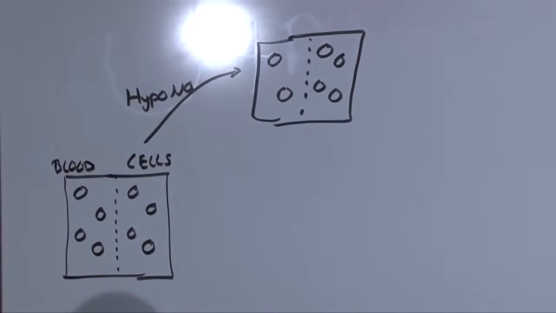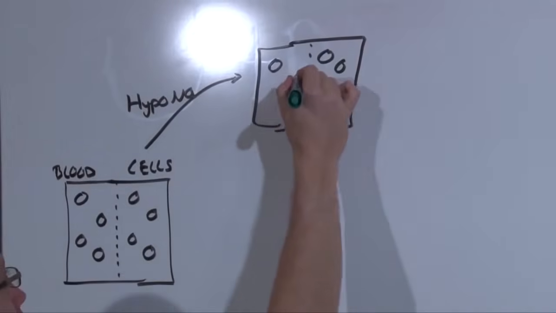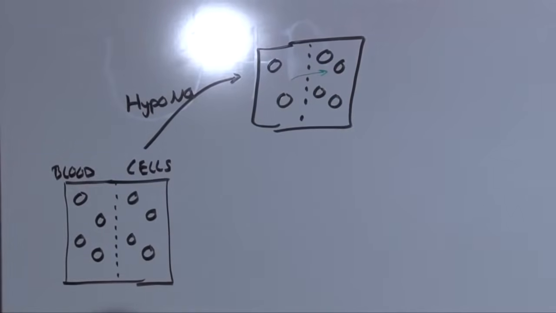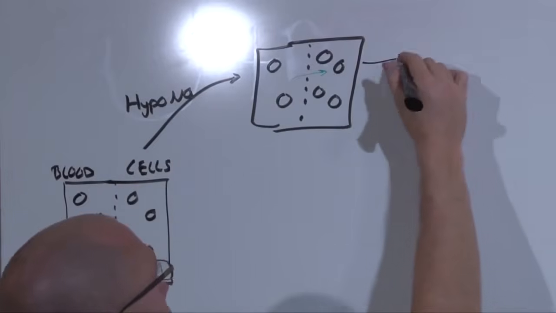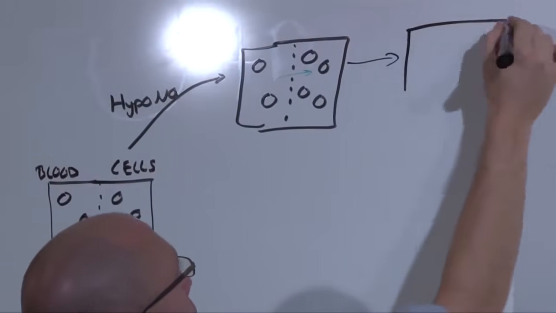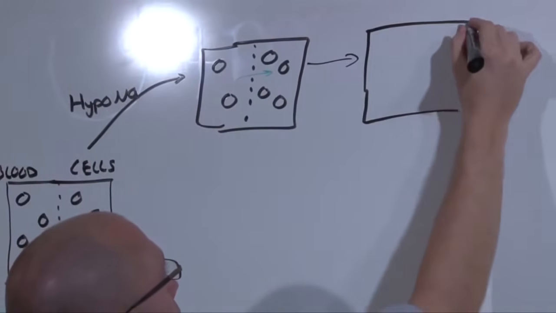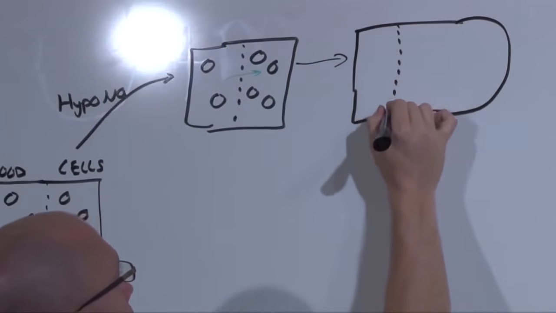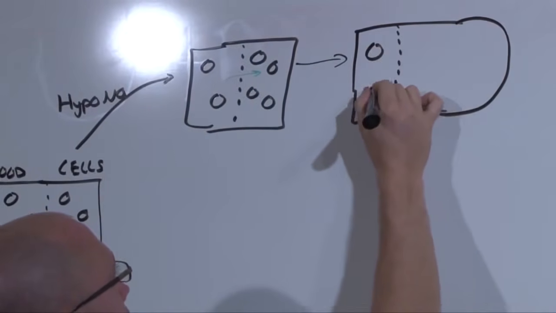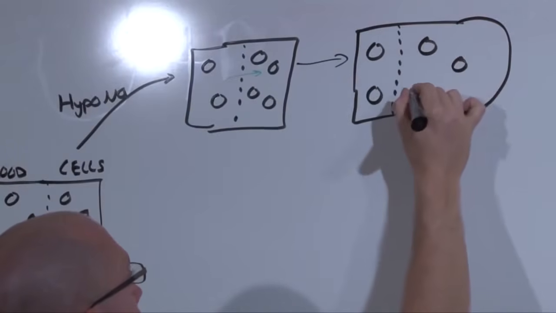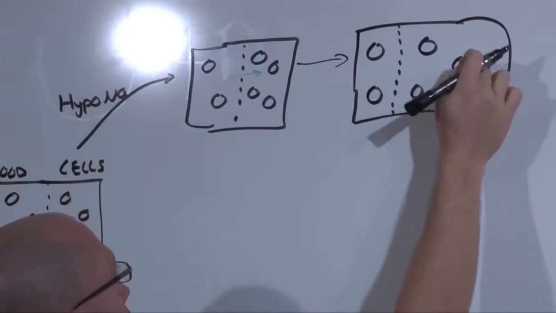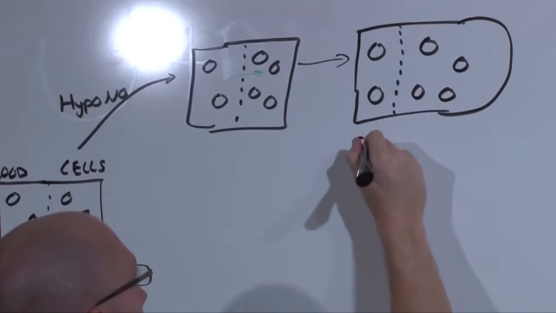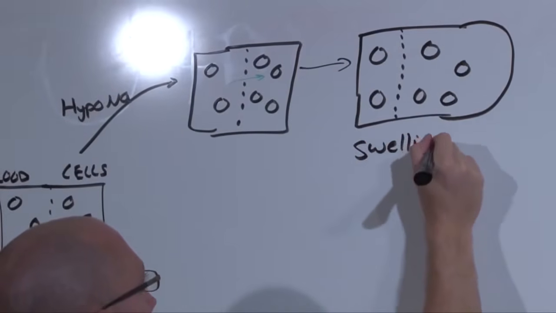So water is going to move from the blood into the cells. This is a process that we call swelling. In order to balance out the tonicity, the cells take on more fluid. Swelling is bad, and it causes symptoms.